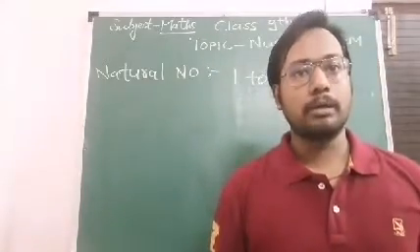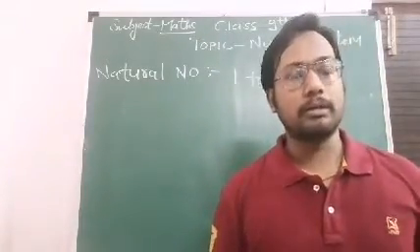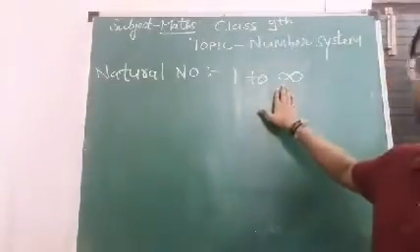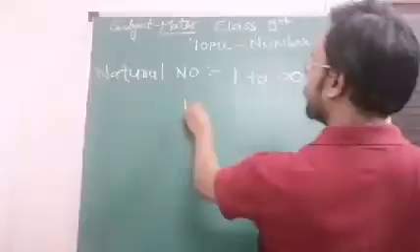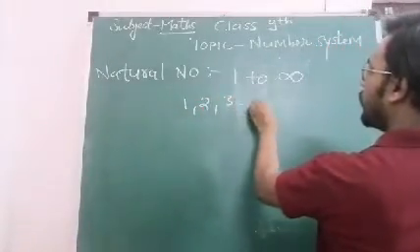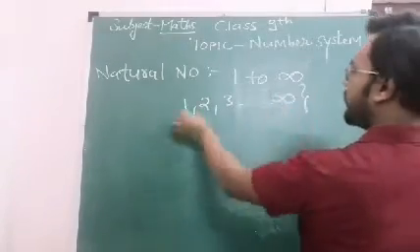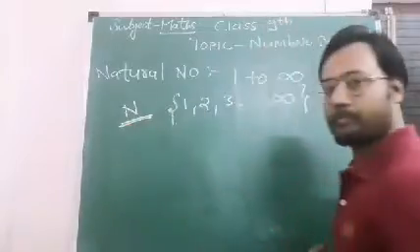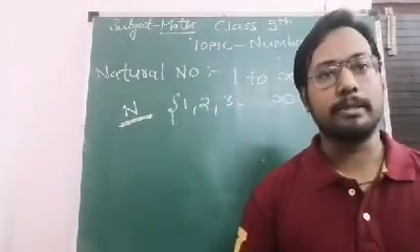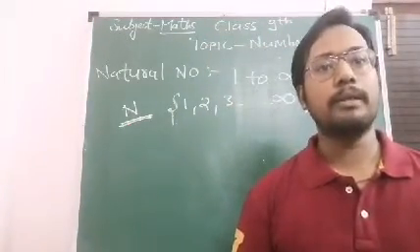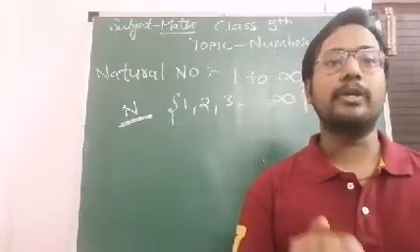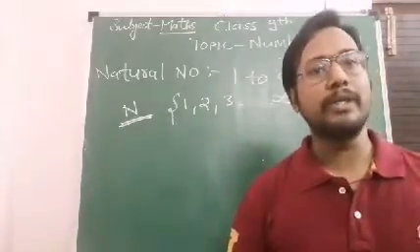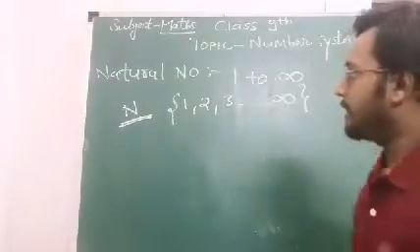We don't have any number where we stop, so that is infinity. So we can say natural numbers are 1, 2, 3 ... infinity, and they are denoted by capital N. In short, the counting numbers from 1 to infinity are known as natural numbers.